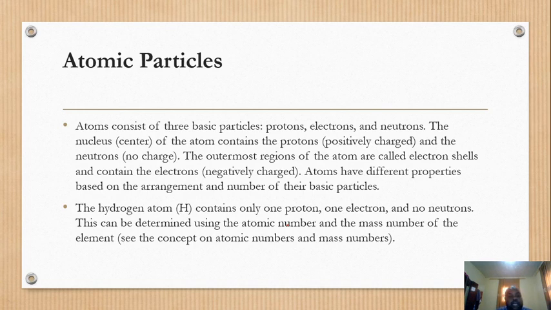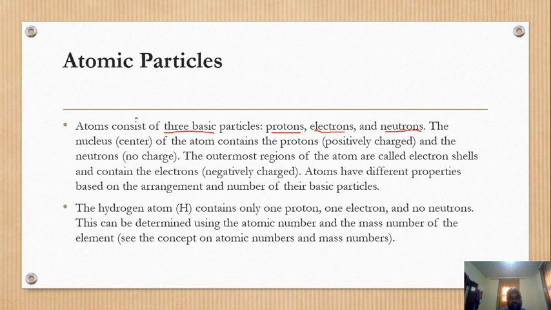Atomic particles. Atoms consist of three basic particles: protons, electrons, and neutrons. So the atom is made up of these three subatomic particles.